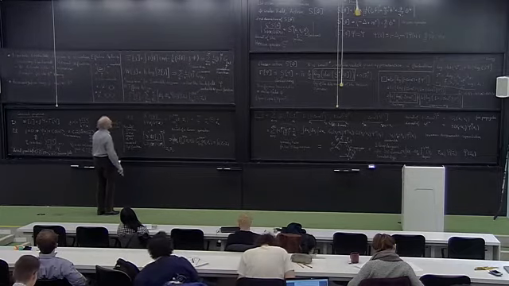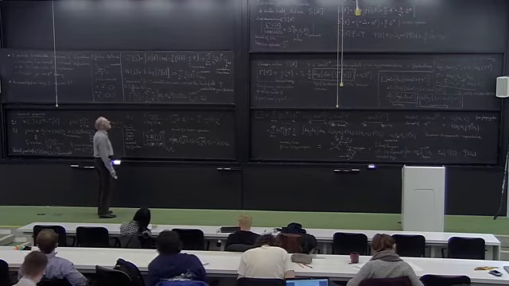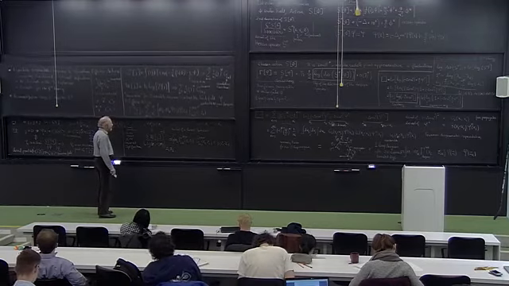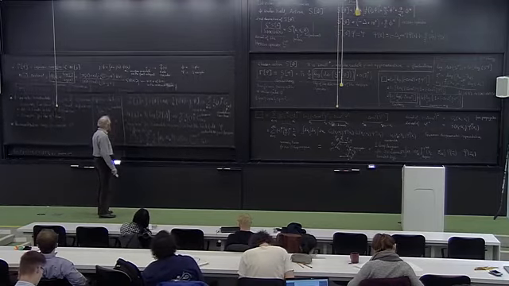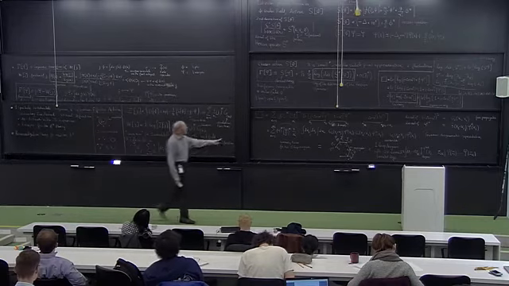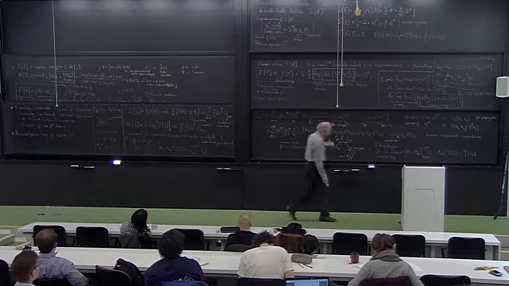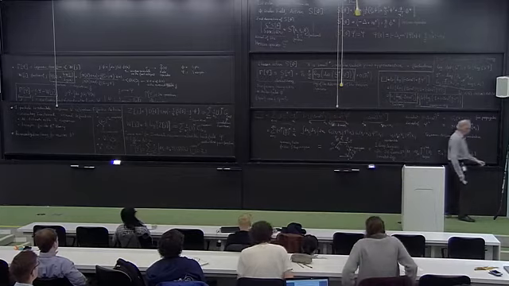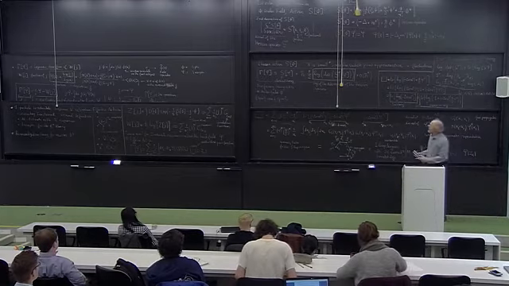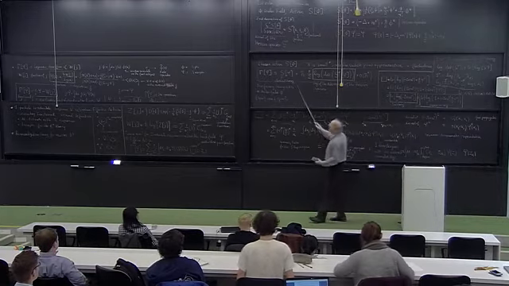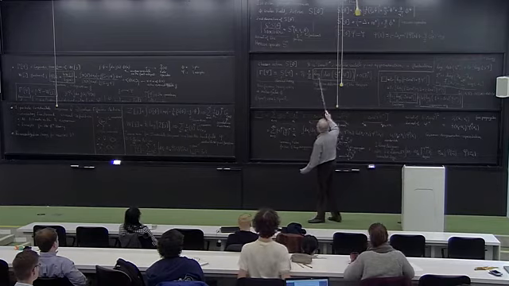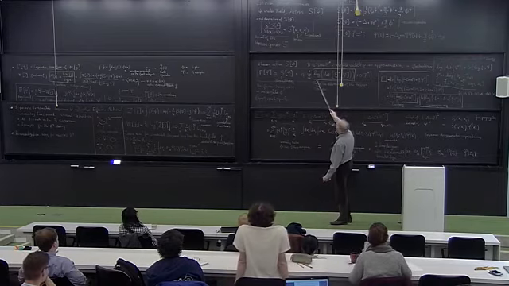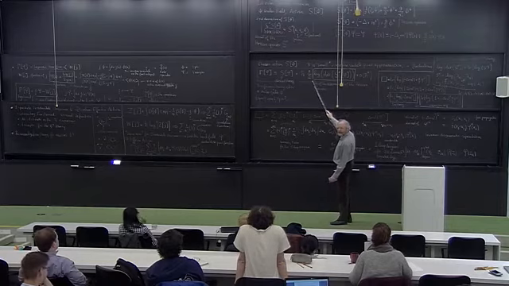The formula that I wrote here shows that the quantum effective action is given by the classical theory, and the first order in h bar corresponds to the one loop diagrams.